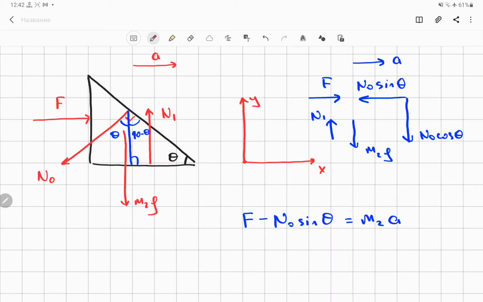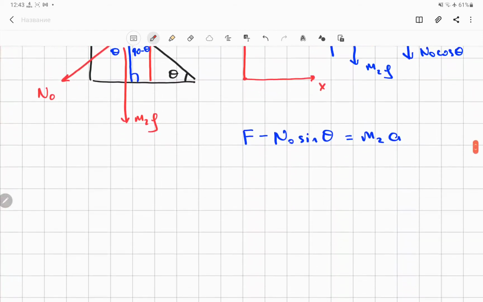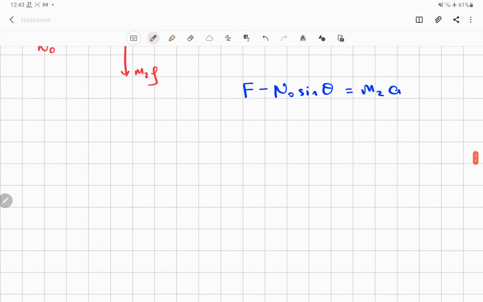Now let's come to the first object, M1. Again, let's draw a free body diagram. We have weight, its own weight, M1 G, and the same N0, it will be directed in this way, N0.